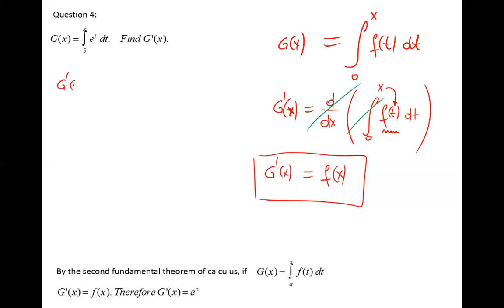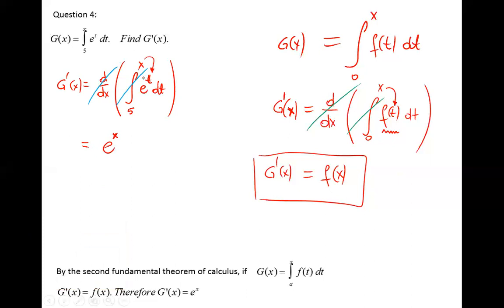That means the derivative with respect to x will be the derivative of this integral, e to the t dt. And we know that differentiation and integration cancel each other. That means what's left is e, but instead of t, we always have to put x, the upper limit.